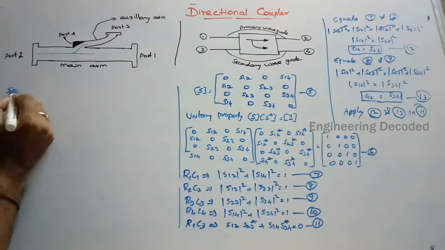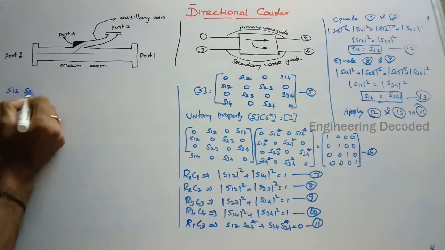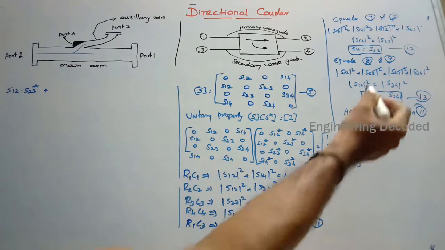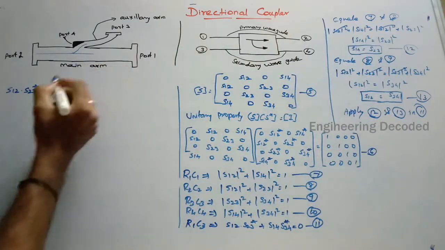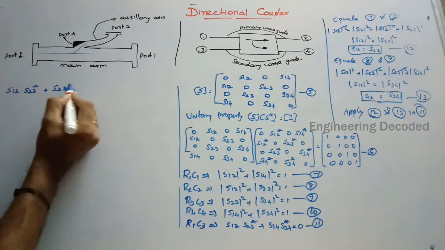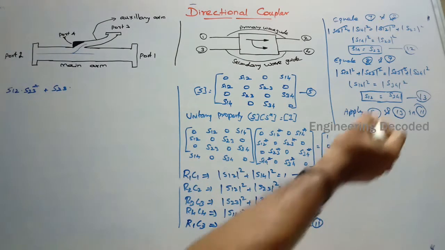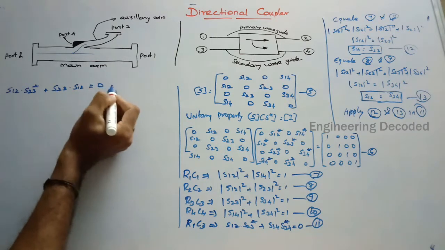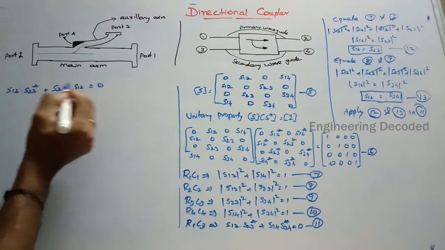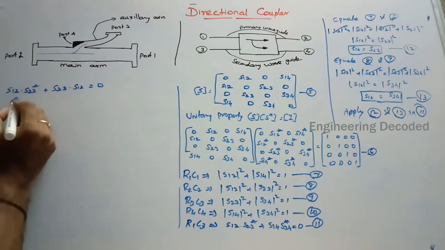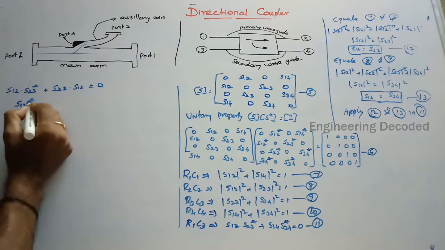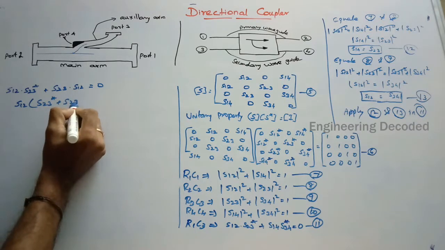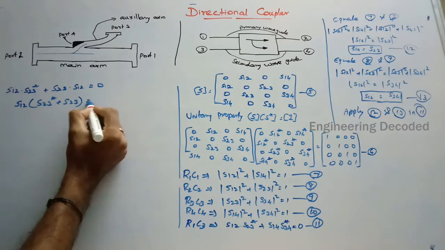Here we have S12 into S23 star plus S14. From this relation we know S14 is nothing but S23, and S34 star is nothing but S12 star, is equal to 0. So from this we have S12 as common. So S12 into S23 star plus S23 is equal to 0.